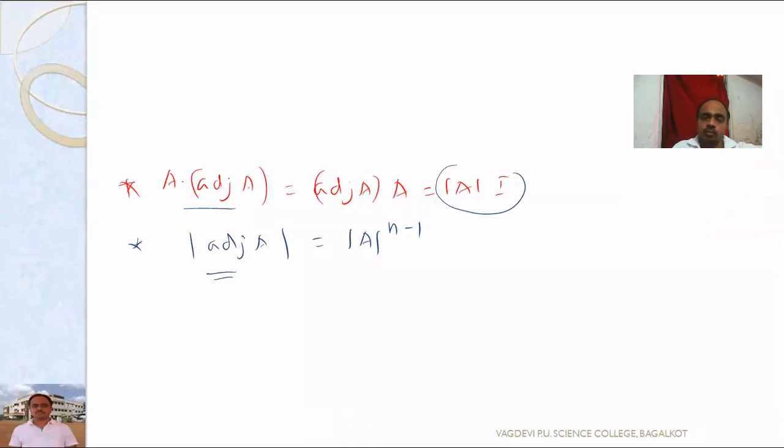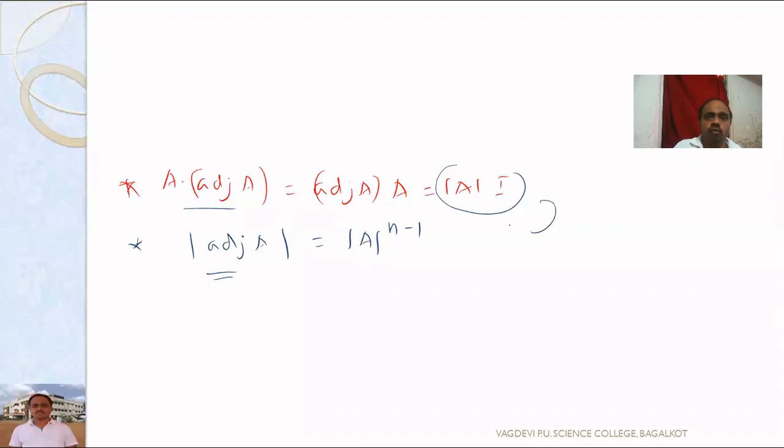Every matrix corresponds to one real number, which is called the determinant of that matrix. So the determinant of adjoint A is given by the determinant of the given matrix to the power n minus 1, where n is the order. If it's a 3 cross 3 matrix, n is equal to 3. So these are two important things to remember regarding adjoint of A.